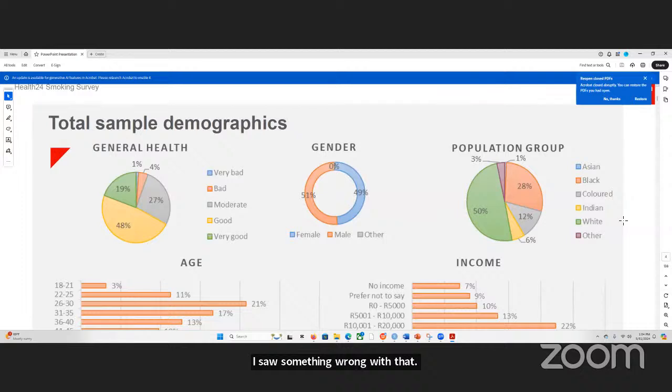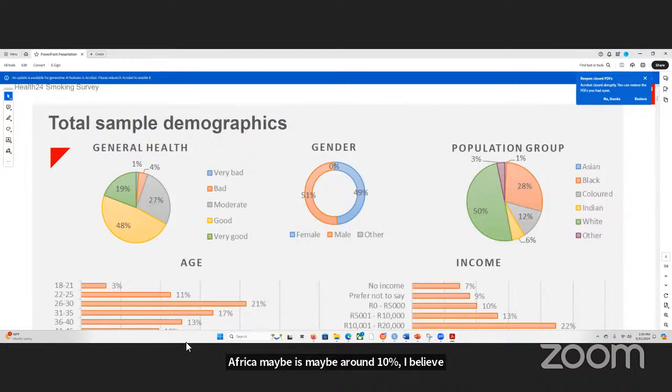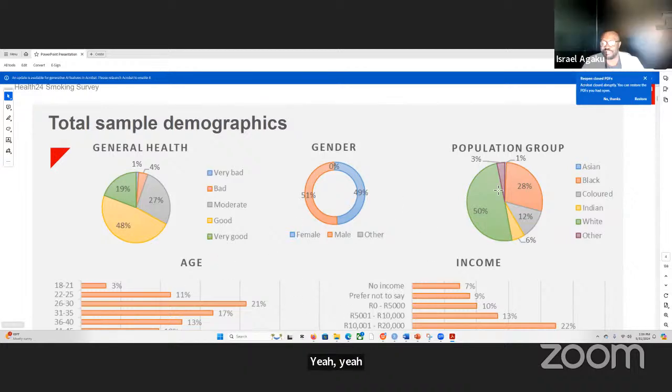So it can't be 50%. Yeah. So the racial distribution of whites in South Africa is maybe around 10%, I believe. But you see here in this sample, it is 50%. 50% and 10% are very different. So this is the first time that you have a problem, right?